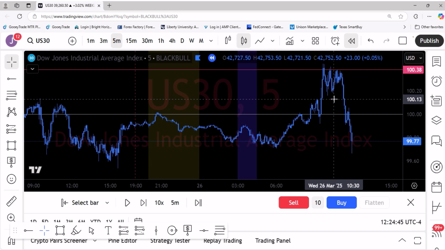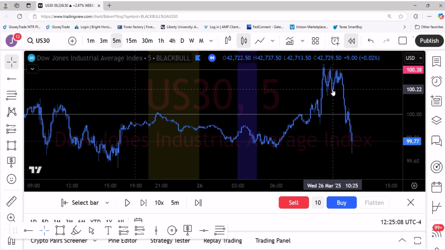Now that is ICT Silver Bullet, and you can go back and check out his video. I may insert which video and which lesson it is. But anyway, it did that, and by me back testing and being able to recognize this, I knew that I could safely take my trade even if it was a loss.